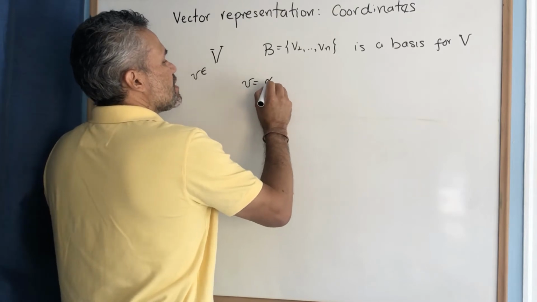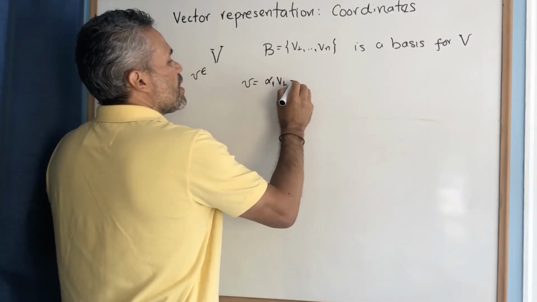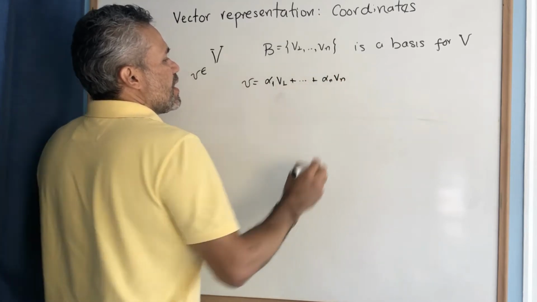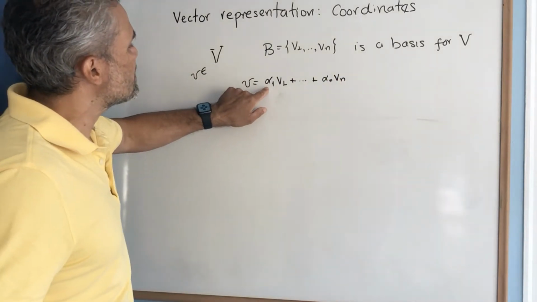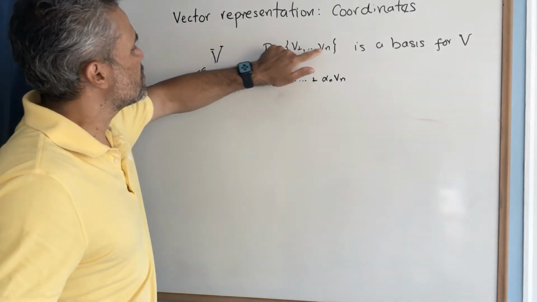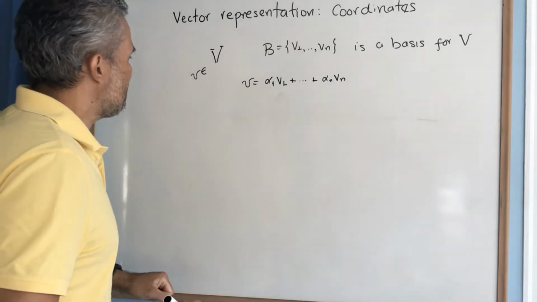Then I can write it as alpha 1 v1 plus ... alpha n vn. And we also know that these alpha 1 up to alpha n are unique because these vectors are linearly independent.